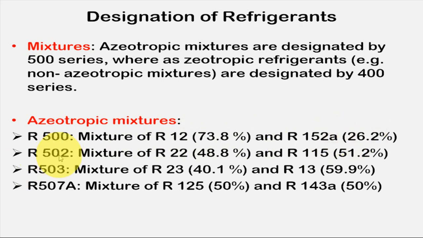R502 is a mixture of R22 48.8% and R115 51.2%. R503 is a mixture of R23 40% and R13 59.9%. Similarly, R507A is a mixture of R125 50% and R143 50%. These are called azeotropic refrigerants.